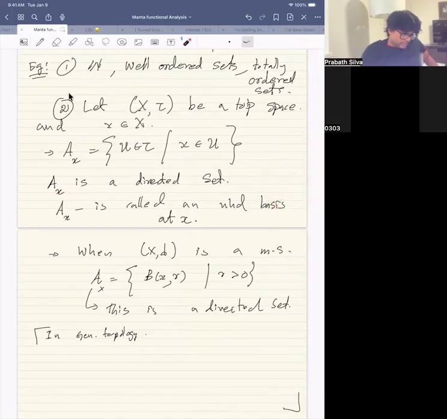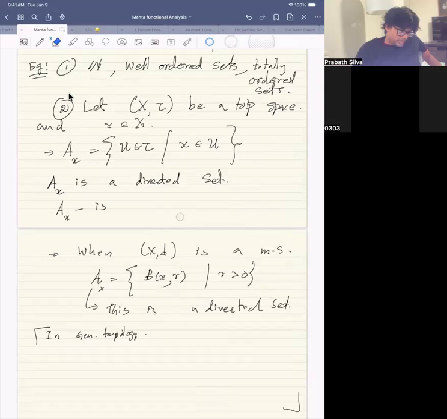So this AX is called... so U in AX is called a neighborhood of X, an open neighborhood of X.